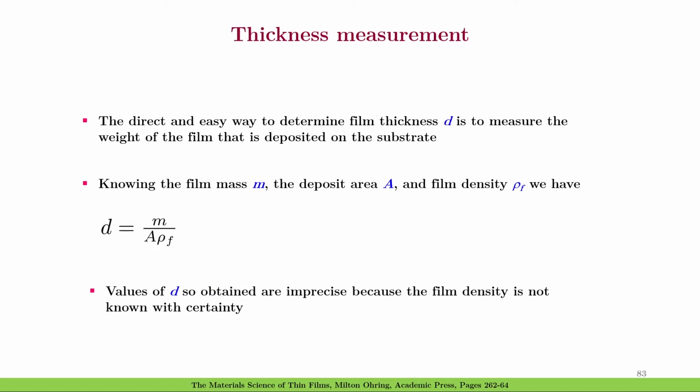Values of D so obtained are imprecise because the film density is not known with certainty. Hence, we proceed for more accurate techniques to measure the thickness of thin films.